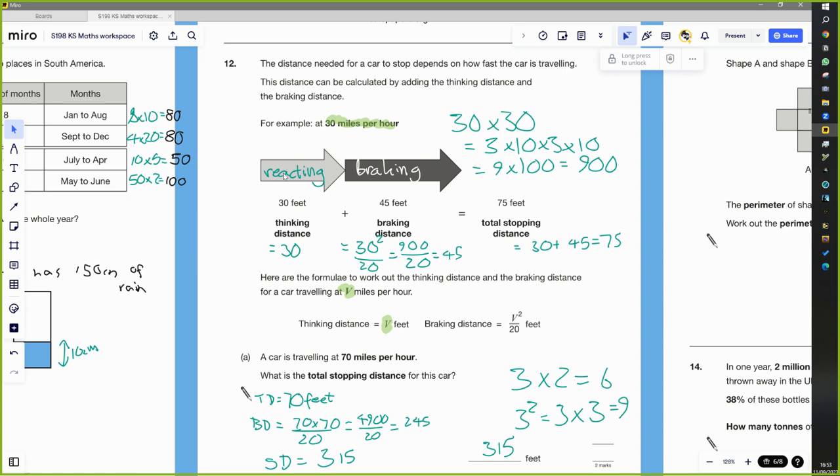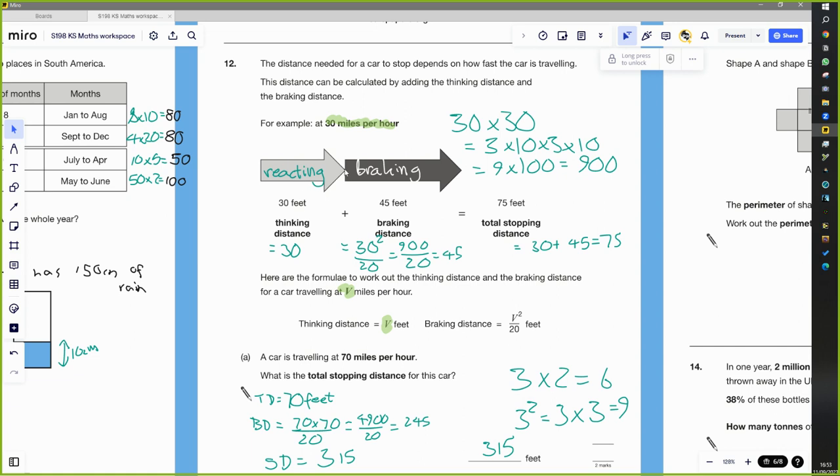You don't press your brakes instantly, because it takes a moment for you to react. And whilst you're reacting, you're moving. Depending on how quickly you react, that will affect how far you travel, and also the speed you're moving at will affect how far you travel whilst you're thinking, I suppose. So we call that the thinking distance.